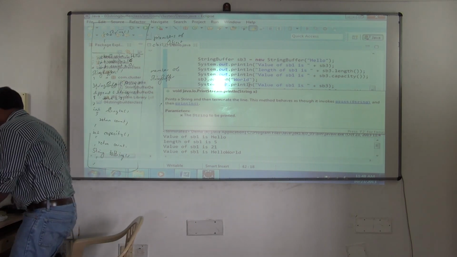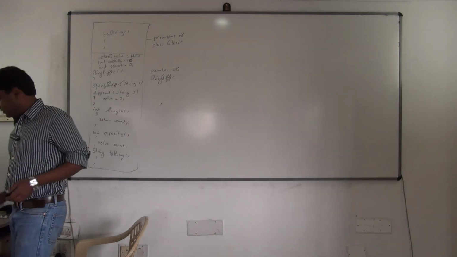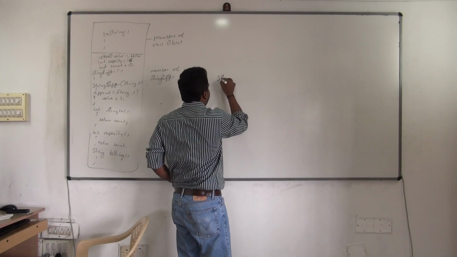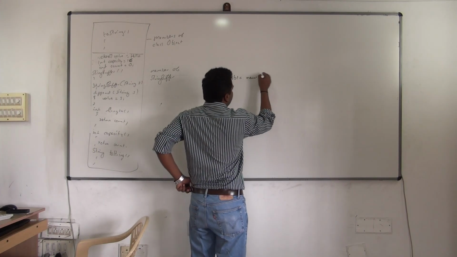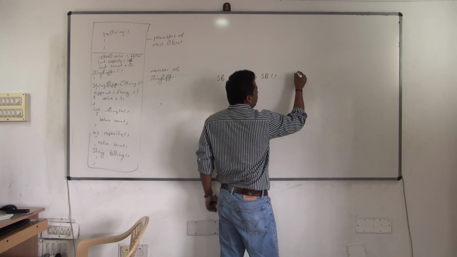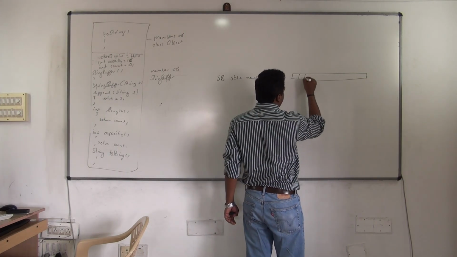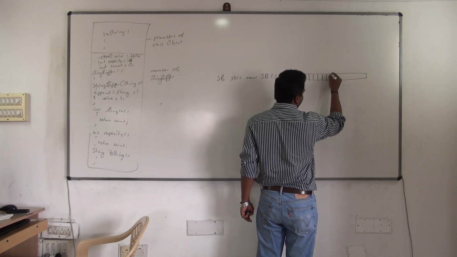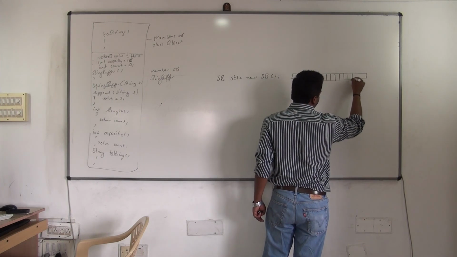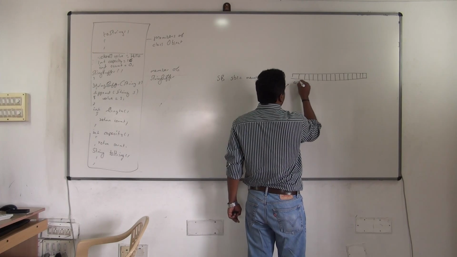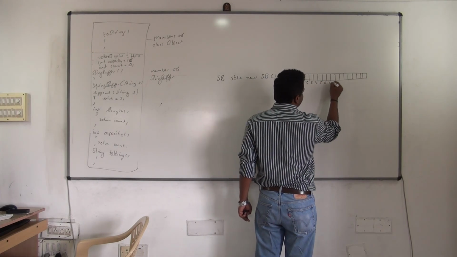So in this scenario, when you create, see the differences. When you say StringBuffer sb1 = new StringBuffer(), 16 empty spaces will be created: 1, 2, 3, up to 16.